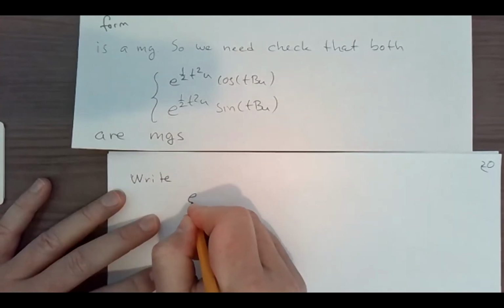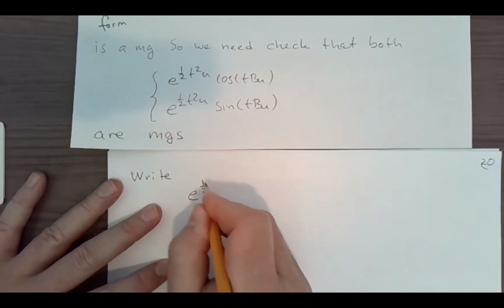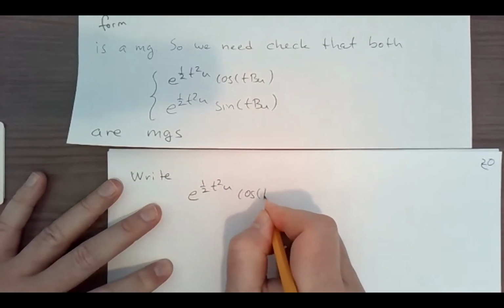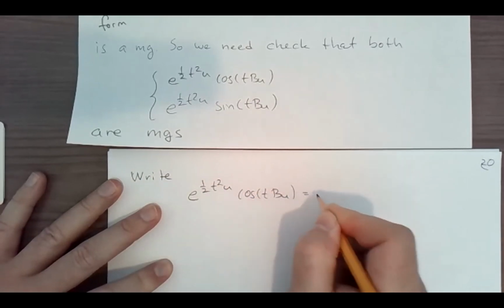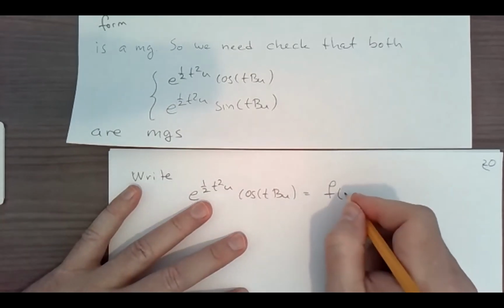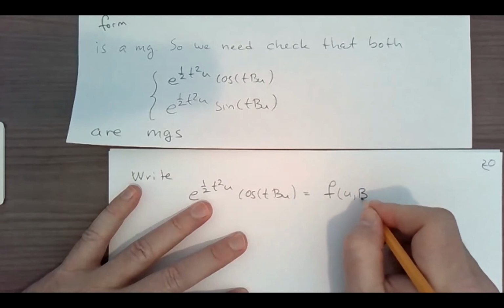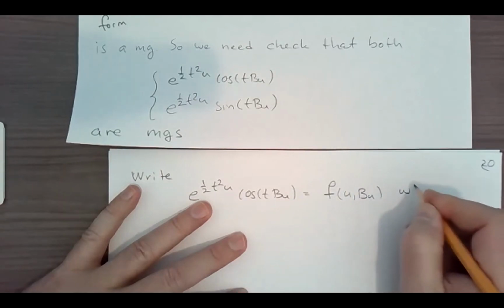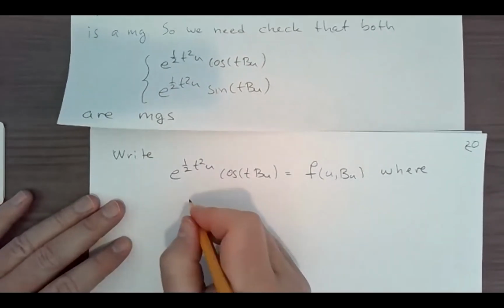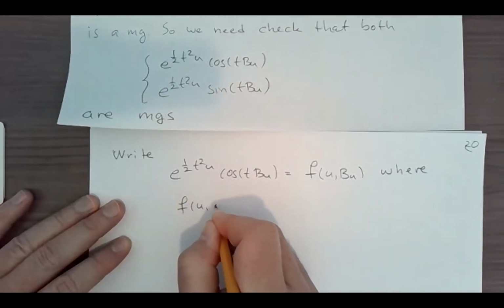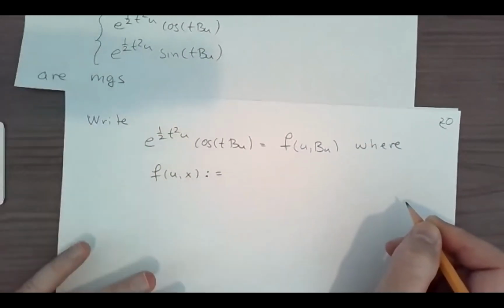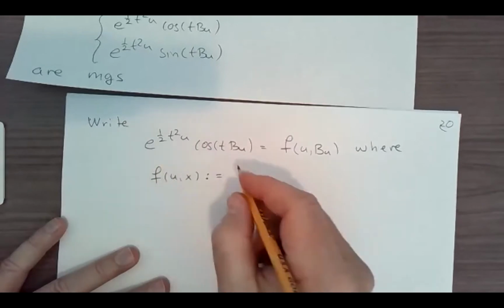First you need to write e to the 1/2 t squared u cosine t B_u. We need to write this as a function of time and Brownian motion, where the function is an exponential.